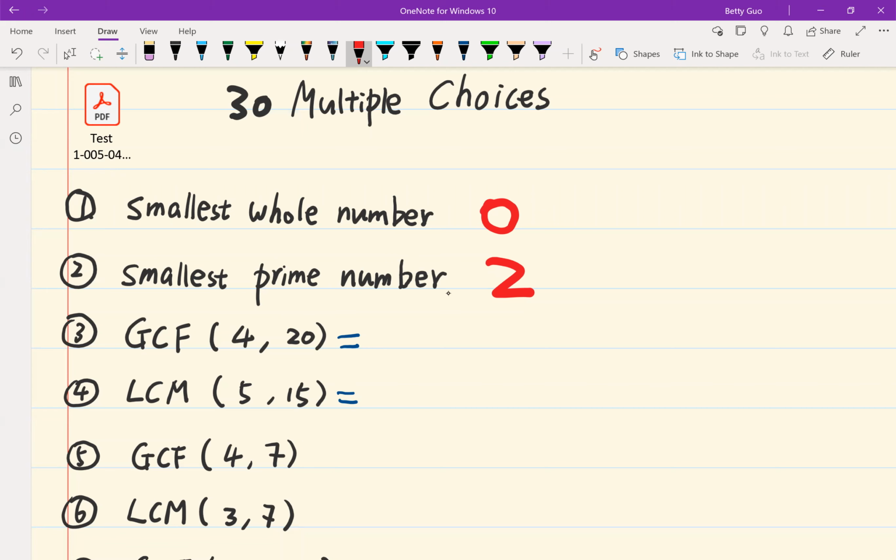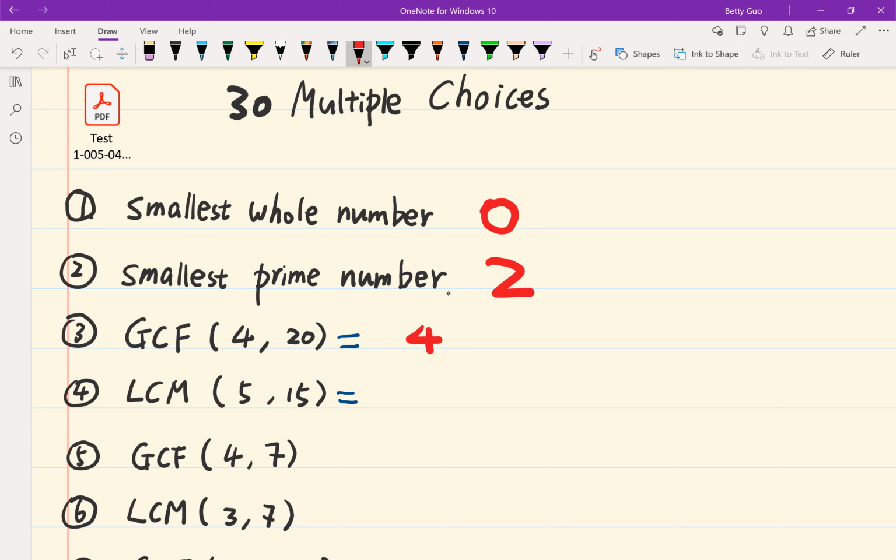Good job. The reason the GCF of 4 and 20 is 4 is because it's the first special case, special case number 1. 4 is a factor of 20, and 20 is a multiple of 4.